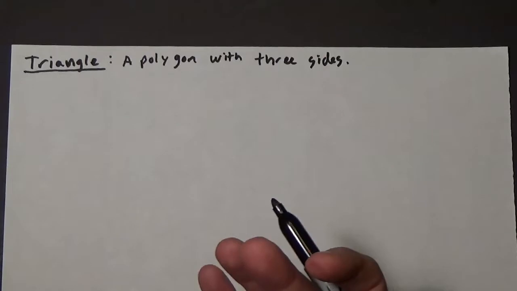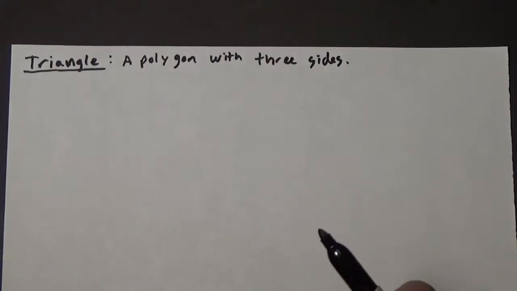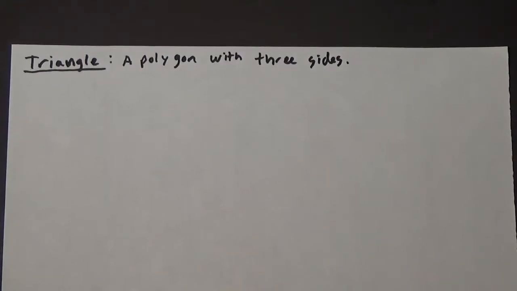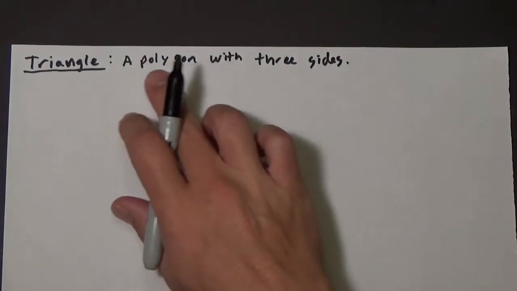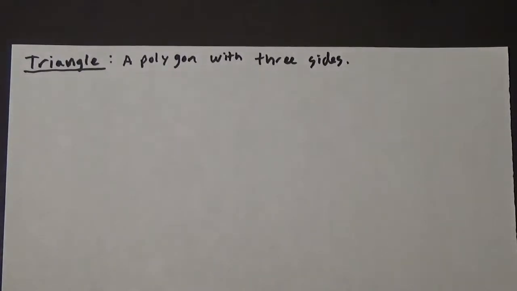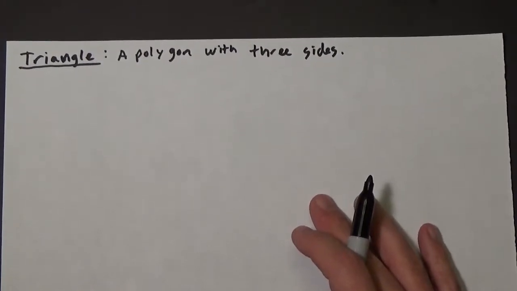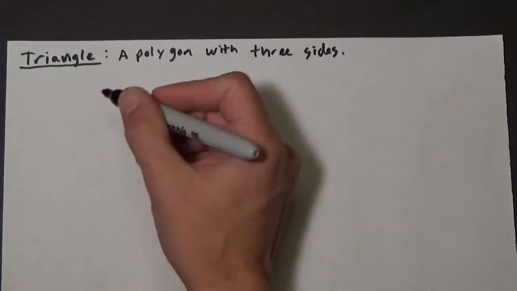A polygon is a geometric shape made up of segments connected endpoint to endpoint where there are no gaps. You remember polygons from geometry, and specifically when you only have three sides, that is a triangle. So let's start off with classifying triangles by sides.